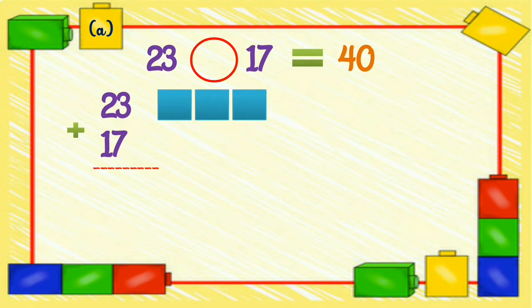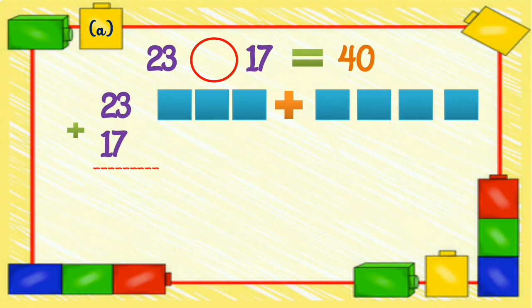Now plus. Here we see a plus, so now we add 7. 1, 2, 3, 4, 5, 6 and 7. Now we count 1, 2, 3, 4, 5, 6, 7, 8, 9, 10.